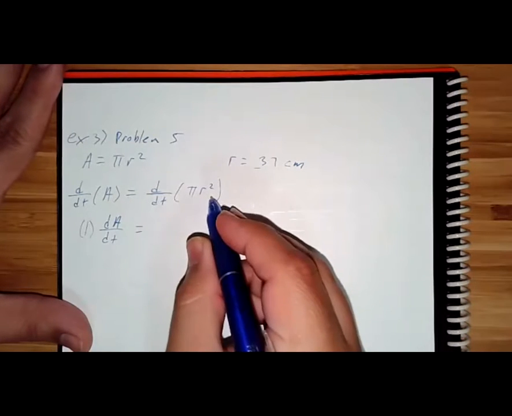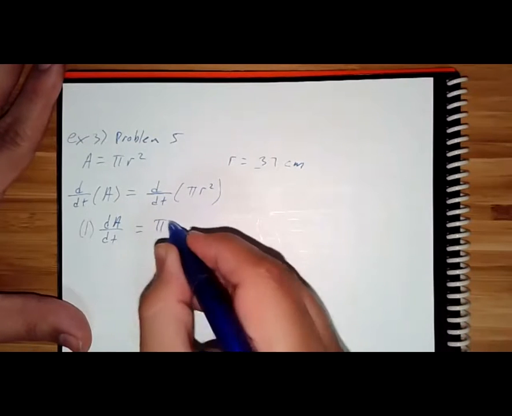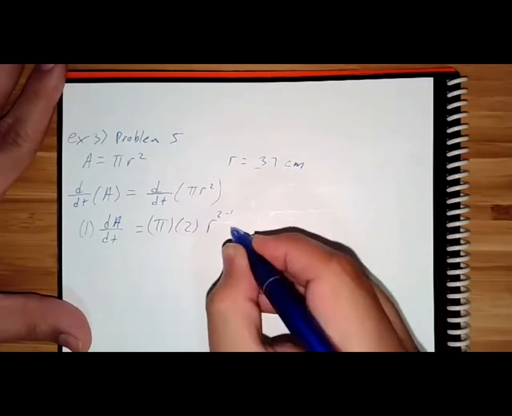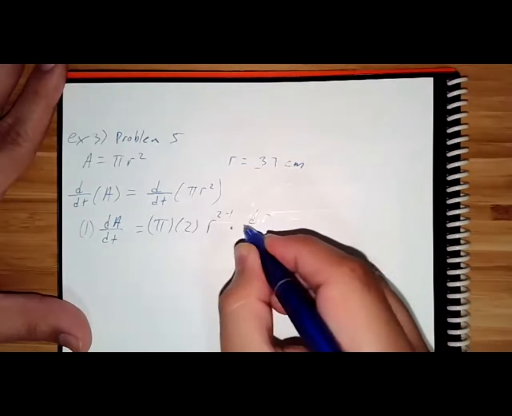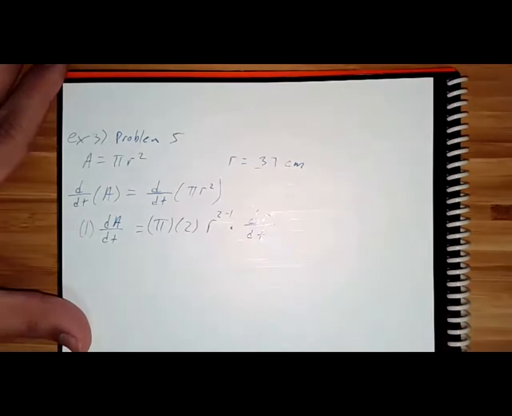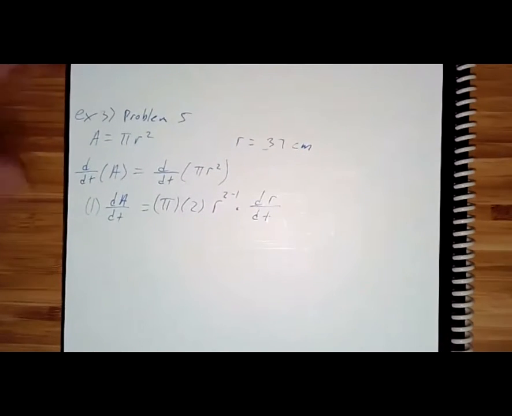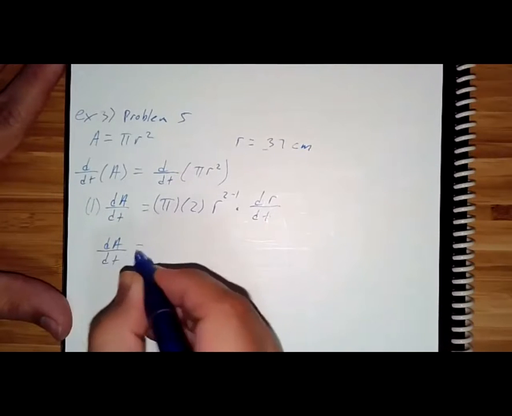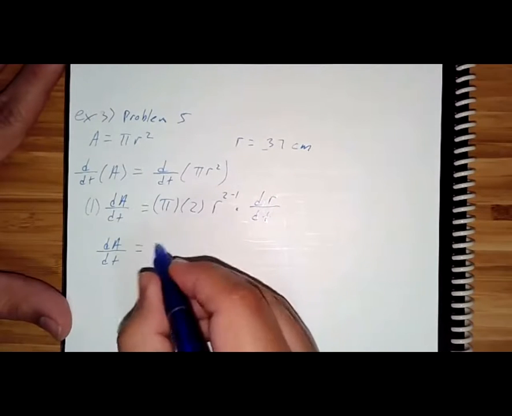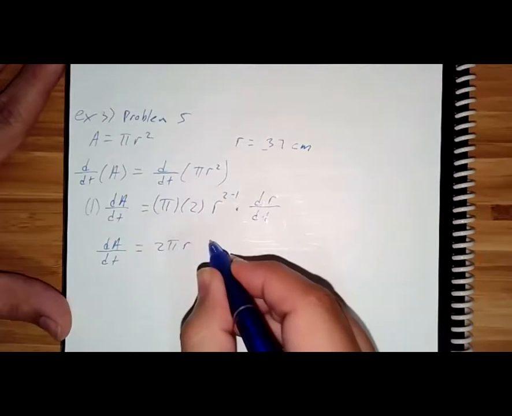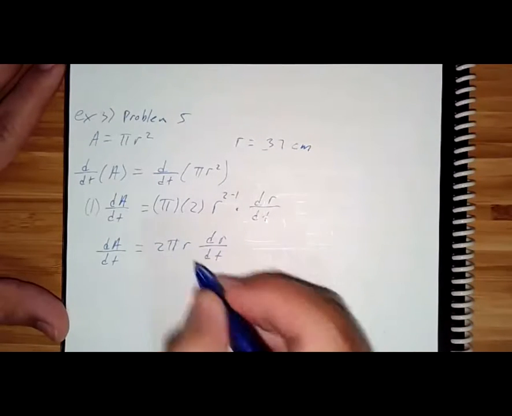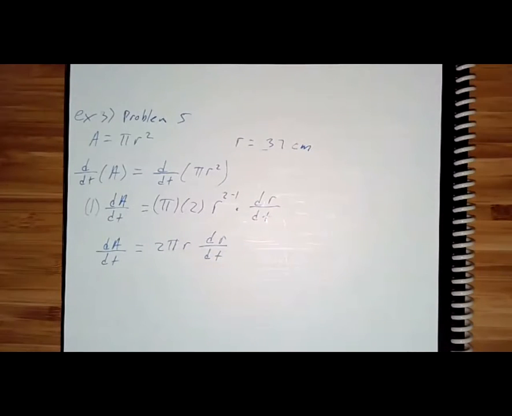And then over here, we get pi, and you bring down the 2, and you get 2 to the power of 2 minus 1, times the chain rule dr dt. That's what we're supposed to do. I just didn't show that step. So this becomes 2 pi r dr dt. Okay, so we have the formula.